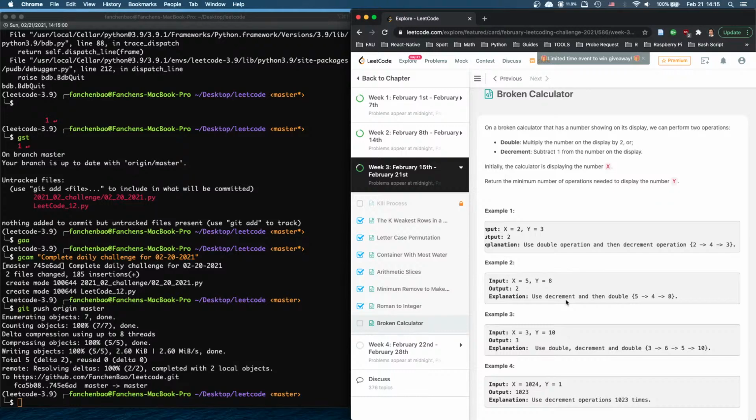Hold on. We can actually go above. So we take the ceiling of this k.